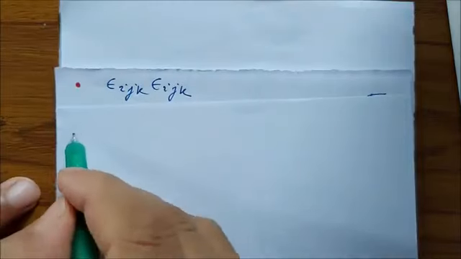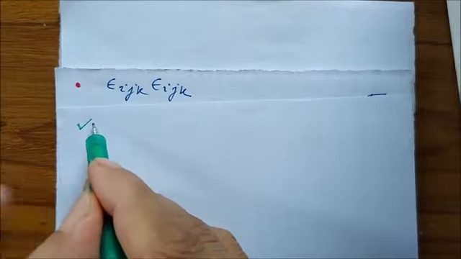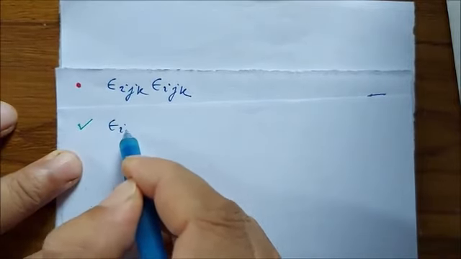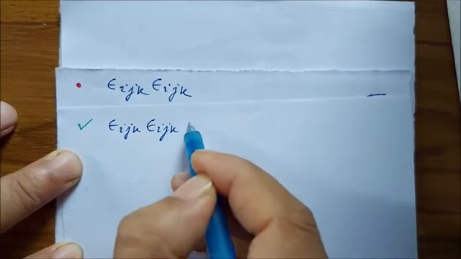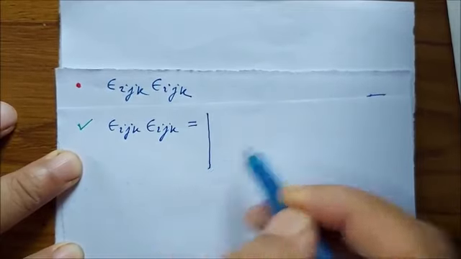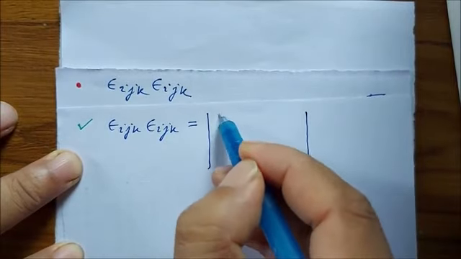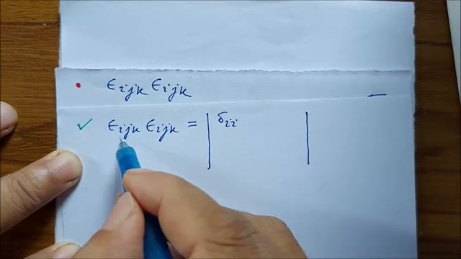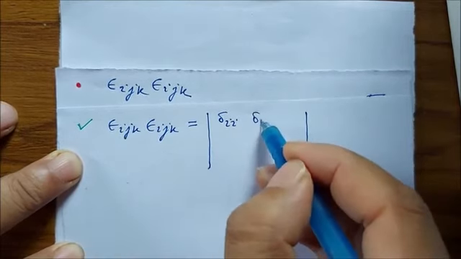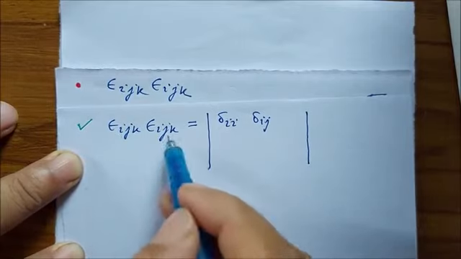Let us redo this problem in a different way using determinant, that is using the formula for the product of two Levi Civita symbols, namely this can be expressed in terms of a determinant. Here it will be delta ii, then we will have delta ij, and the third element in the first row will be delta ik.